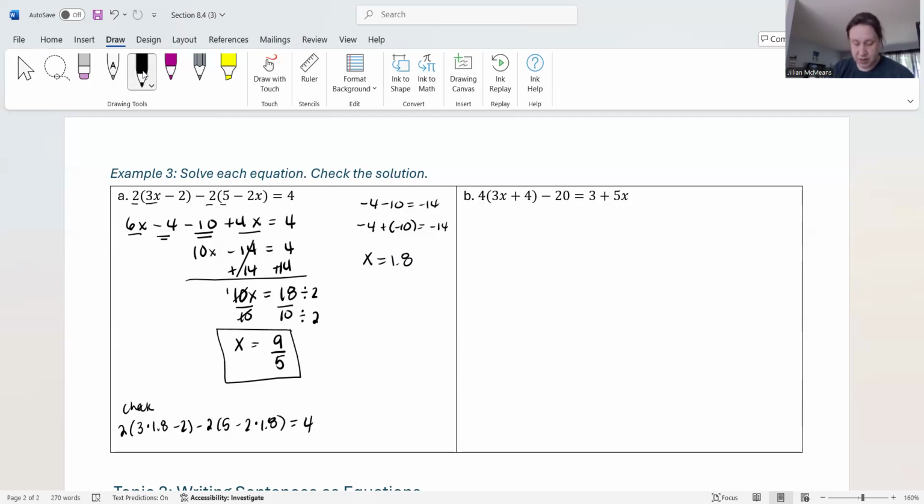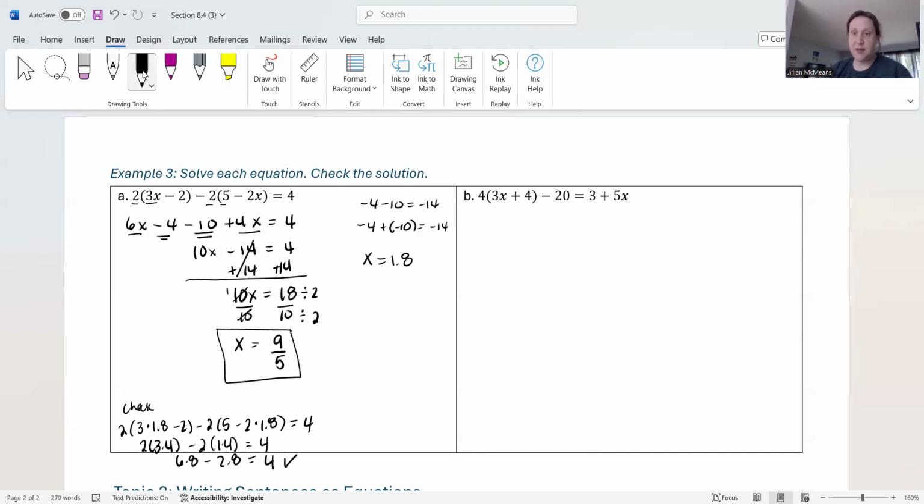So let's see, 3 times 1.8 minus 2, that's 3.4. 5 minus 2 times 1.8 is 1.4. And we want to see, does this really equal 4? So let's see, 2 times 3.4 is going to be what, 6.8? And then 2 times 1.4 is what, 2.8? And then we can see that 6.8 minus 2.8 really is equal to 4.